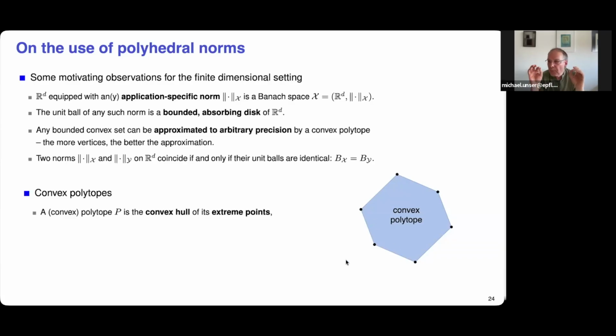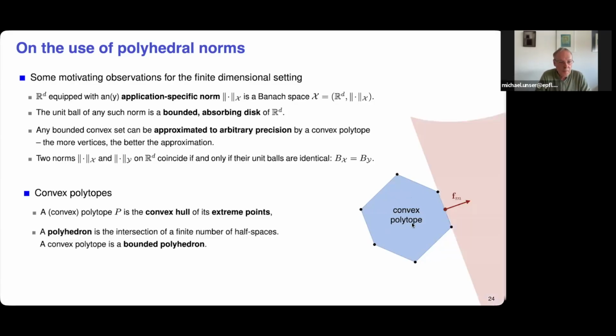A convex polytope is characterized by its corners, which mathematically are called extreme points of this convex set. If you take the convex hull of the extreme points, you are able to regenerate the polytope.